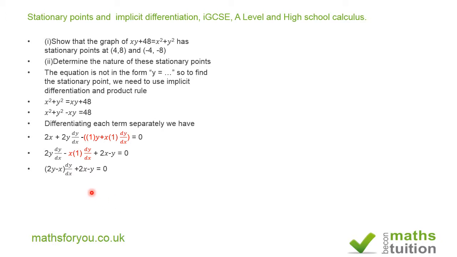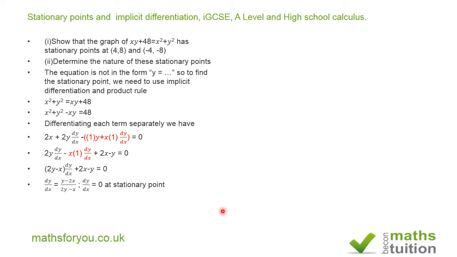Now, when 2x minus y goes over to the right hand side, the signs will change. It becomes y minus 2x, and then we divide by 2y minus x. So dy/dx becomes y minus 2x divided by 2y minus x. Now, don't forget that at the stationary point, we expect dy/dx to be equal to 0.